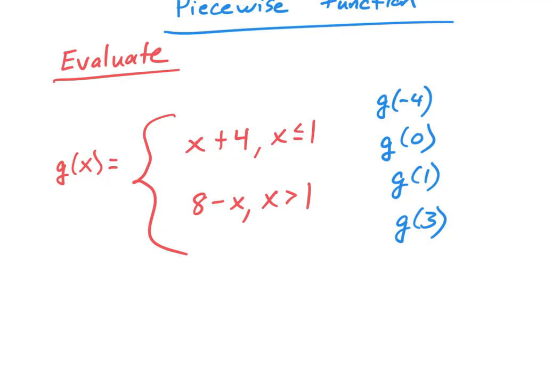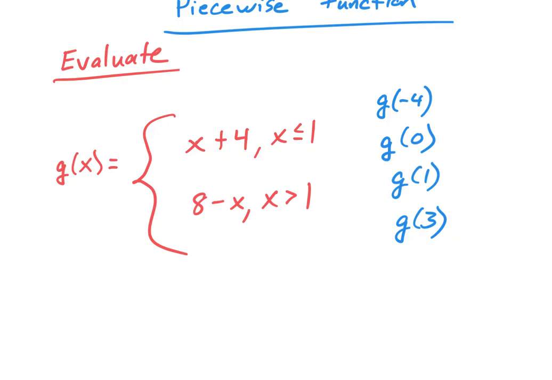In most cases, we just take those numbers, plug them into our function, and get our answer. Well, in this case, we have two different functions to choose from, and we have to decide which one we're going to use. Here's what you have to look at. This tells me the domain for this function. If x is less than or equal to 1, I'm going to choose this function. If x is bigger than 1, I'm going to choose the second function.